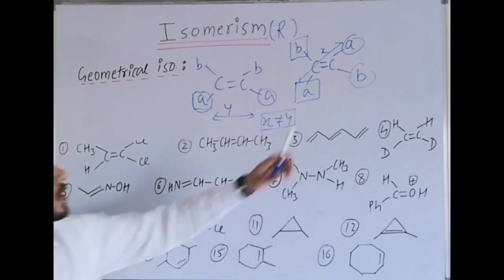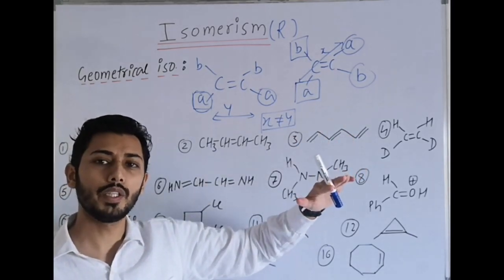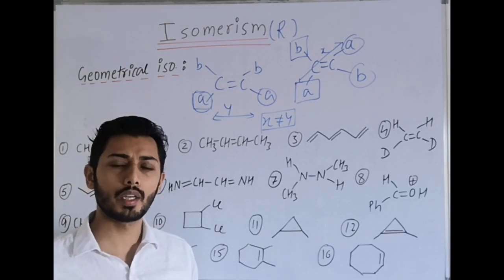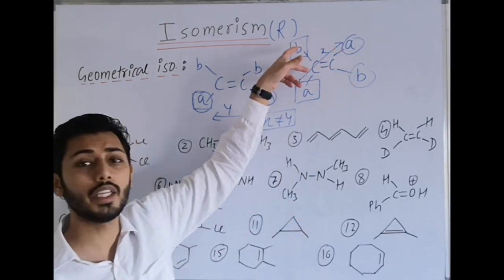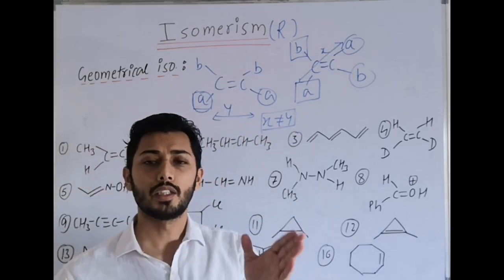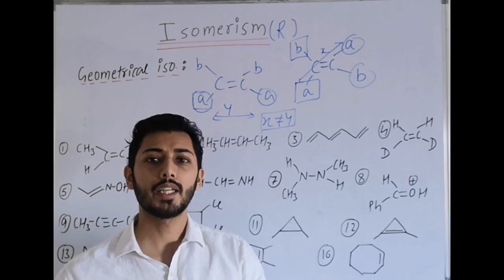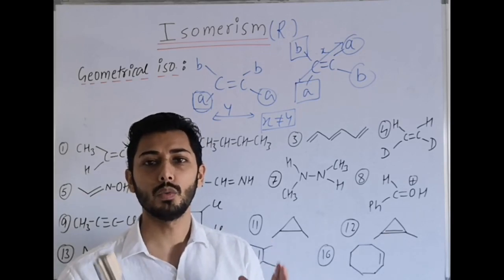So the distance between the groups will change, and this compound is participating in geometrical isomerism, because there are two different groups on each atom.